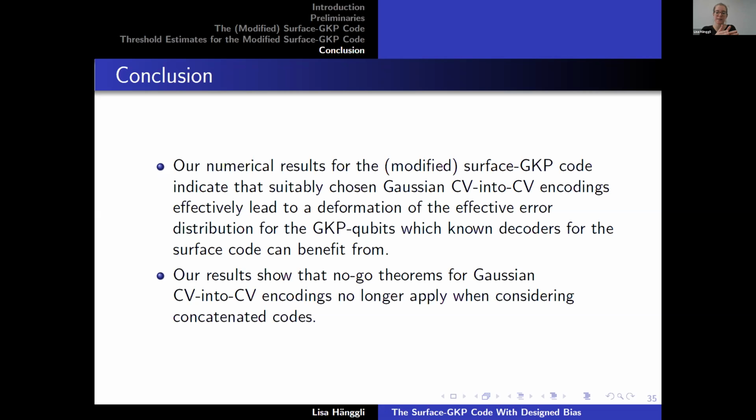You can just squeeze it, but if you squeeze it in one direction, it becomes broader in the other direction. So this is still true. The thing is, you tend to think that Gaussian encodings won't help in any case. But in our case, it is useful because with this additional concatenation with the surface code, we don't care that in one direction it gets worse, and we just use this asymmetry of the noise to get a better decoding strategy. Okay, it's very clear.